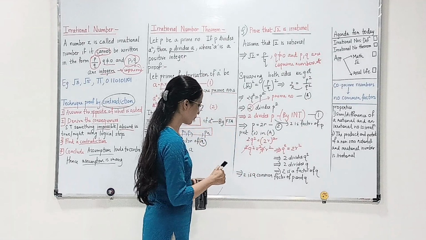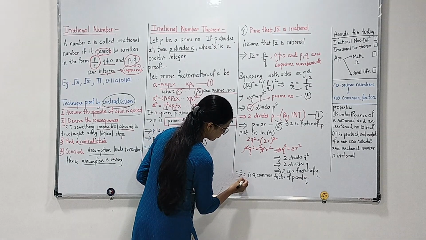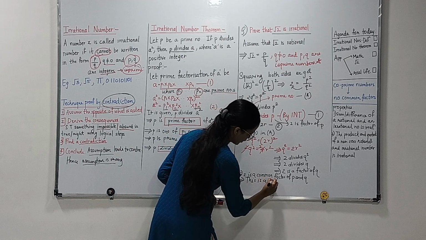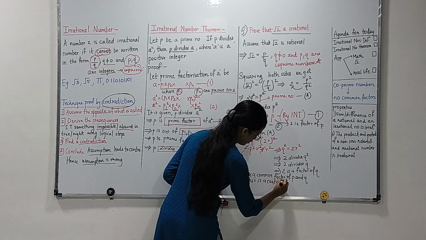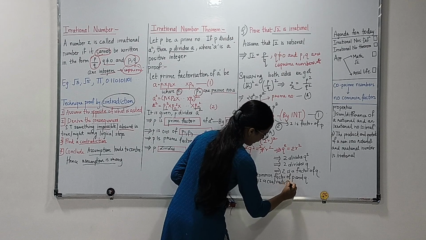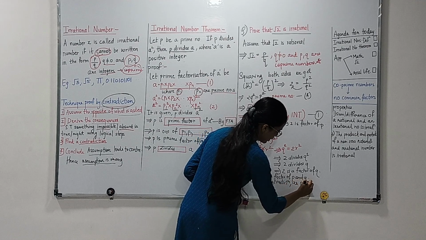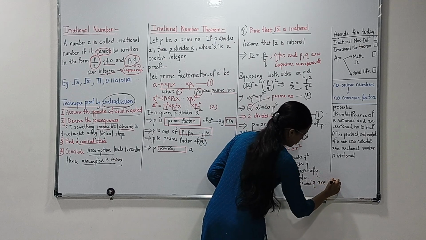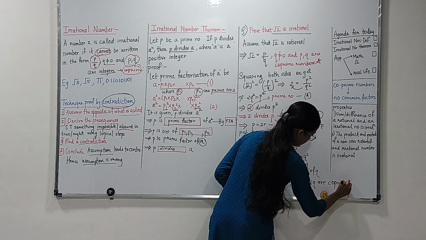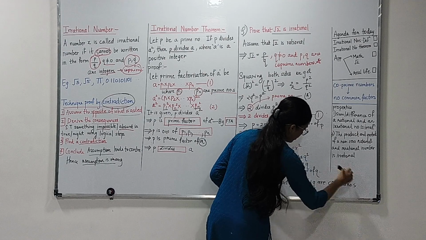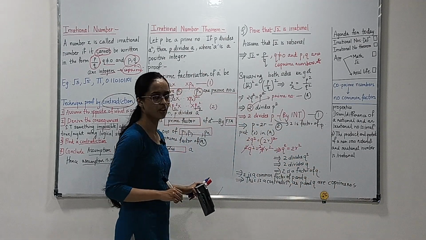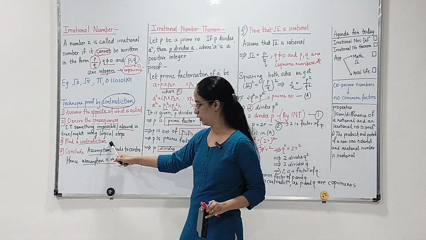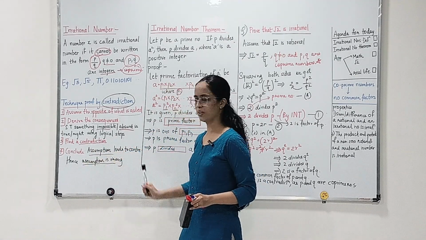The contradiction that we got is that this is a contradiction as p and q are co-prime numbers. Now, we have arrived at a contradiction. We are going to conclude that our assumption was wrong.